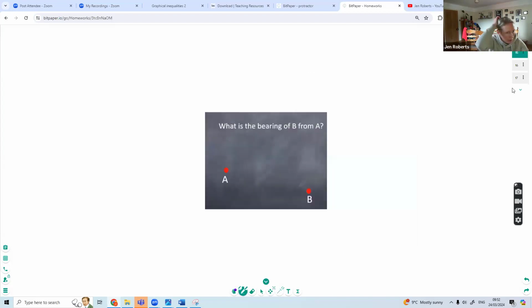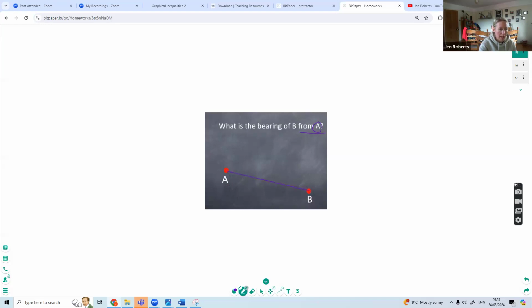Okay, so you've got to get used to the language they're using in bearings. What is the bearing of B from A? I'd copy this down, maybe draw these out, and I'll show you how to approach a question like this. So the bit you might be wondering is, where are we starting from? If you underline the from A bit, A, that's our starting point. I'd also join these points together with a straight line.